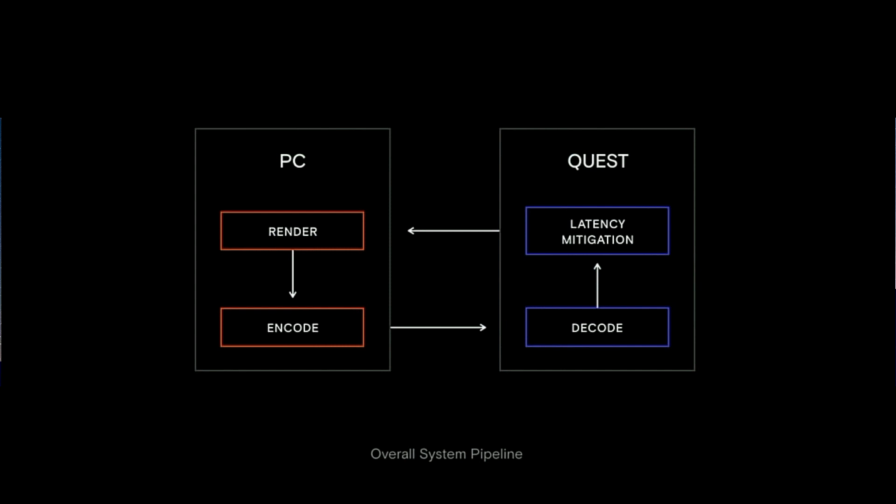While all this is going on, all the tracking data from the Quest headset is being sent back to the PC simultaneously, which then renders this data, encodes it, etc., all in a big loop.